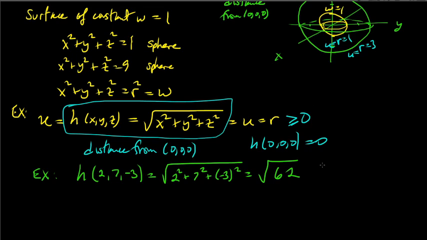So that's the w value, or sorry, in this case it's u. Or the radius. This is the distance from the origin. So we know that this point, 2, 7, -3, is the square root of 62 units away from the origin.